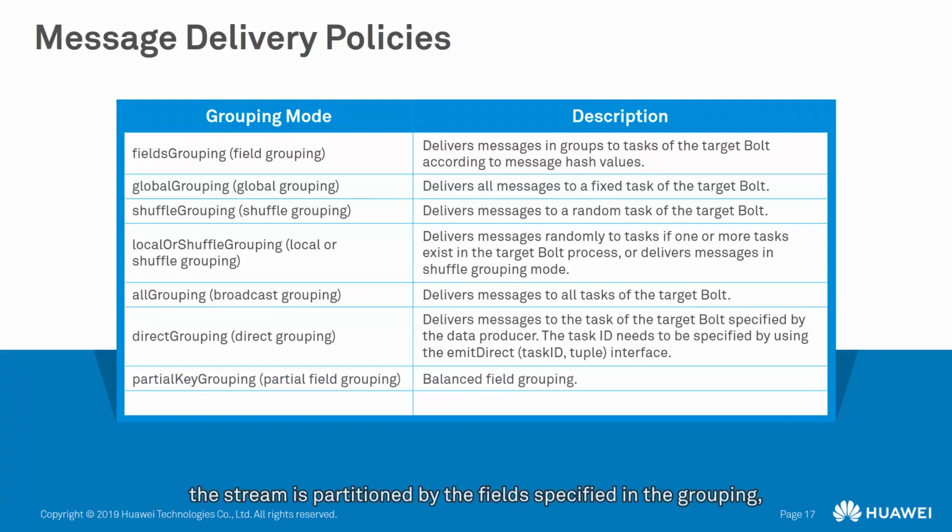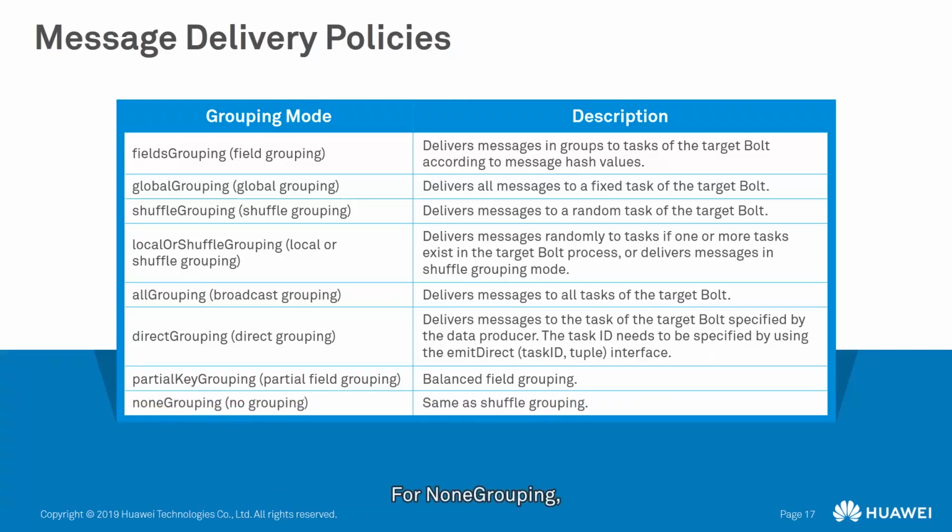For partial key grouping, the stream is partitioned by the fields specified in the grouping, like the fields grouping, but are load balanced between two downstream bolts, which provides better utilization of resources when the incoming data is skewed.